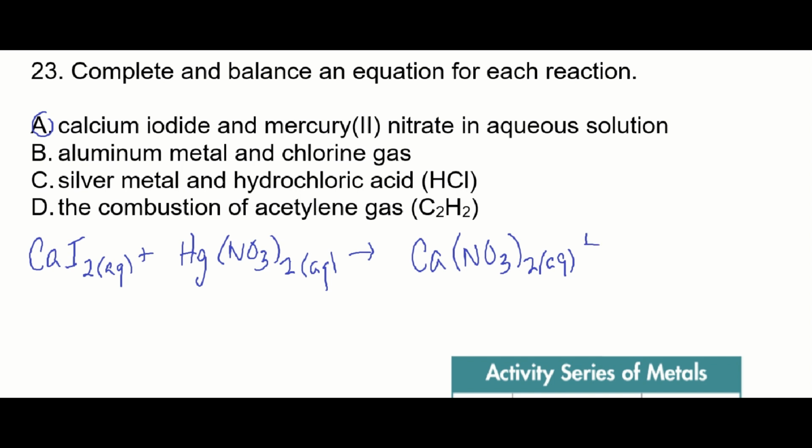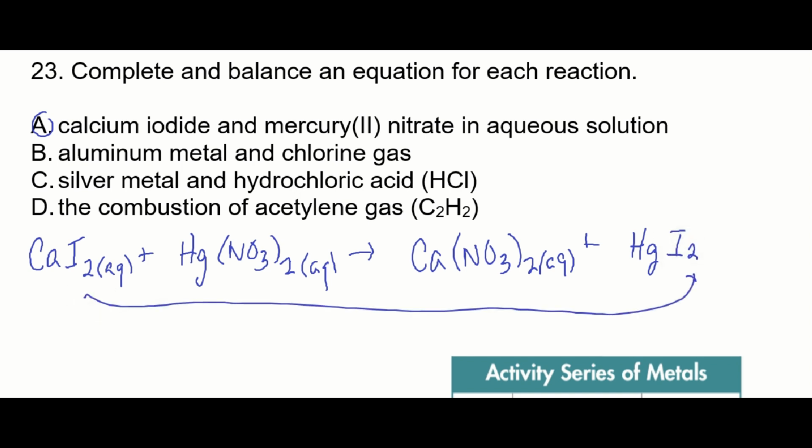And then the other product is going to have mercury recombine with the iodide ion. I'm not bringing the subscript over. We're told that mercury has a 2 positive charge. They're just switching. These ions are just floating around in the water, and they're going to recombine with the other compound's anion.